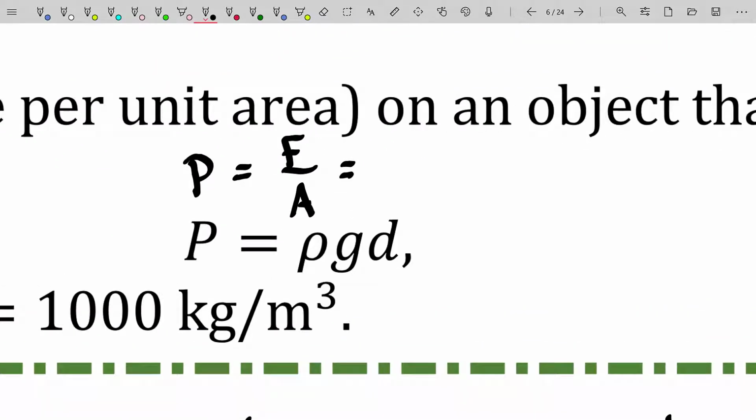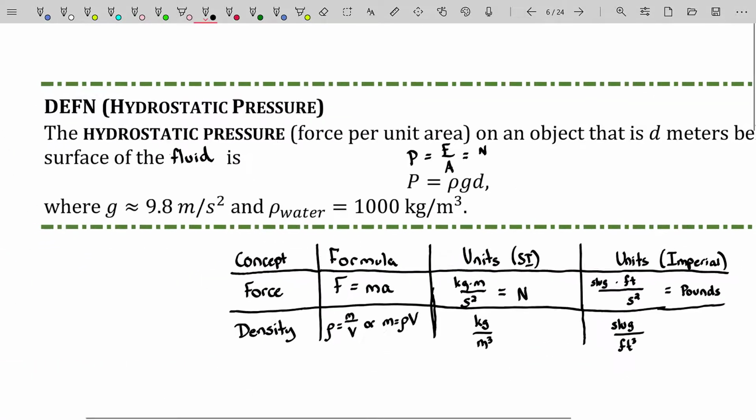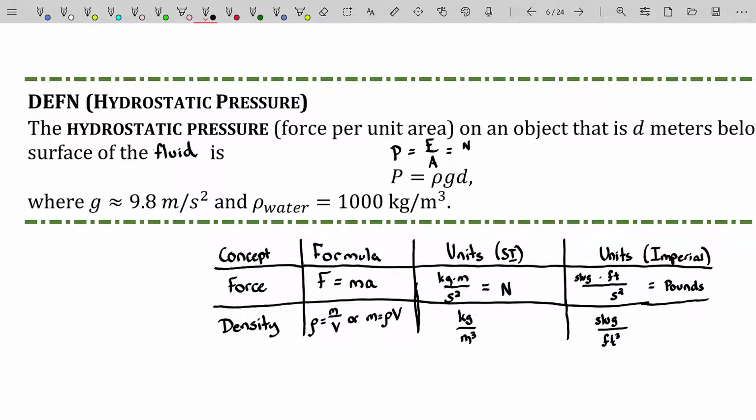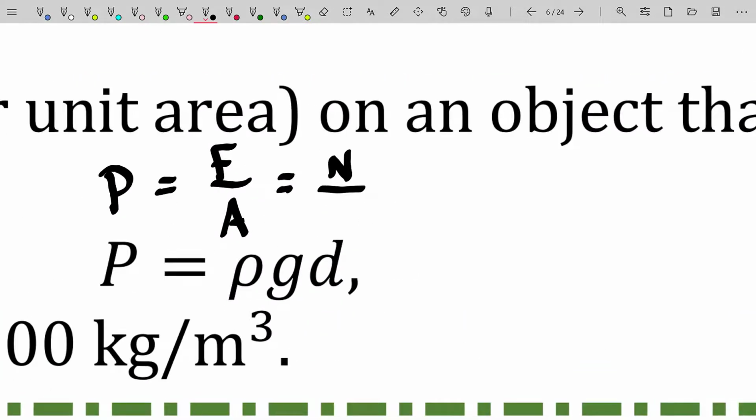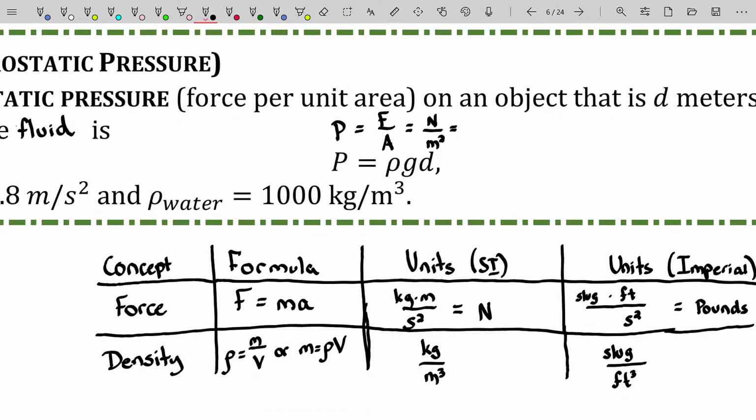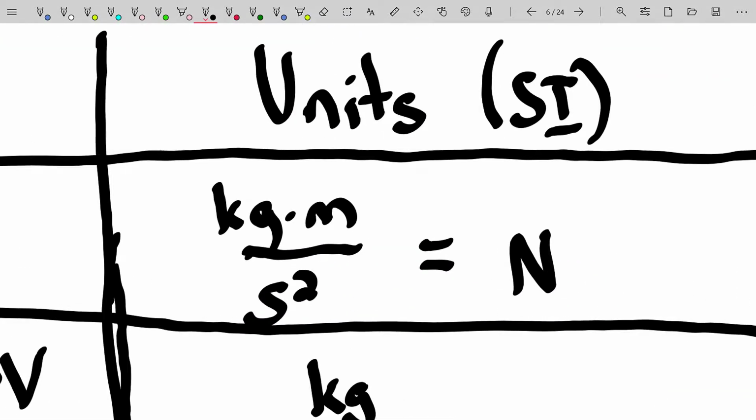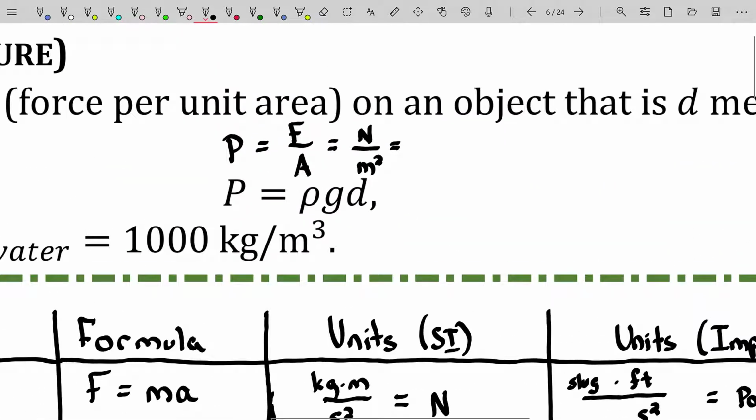We know force is going to be the Newton. And again, I put the table down here. The unit in the SI system for force is the Newton. For right now, we'll keep that there. And then area is going to be in square meters. However, we know the Newton is going to be kilogram meters per second squared. So I'll go ahead and put that in here.